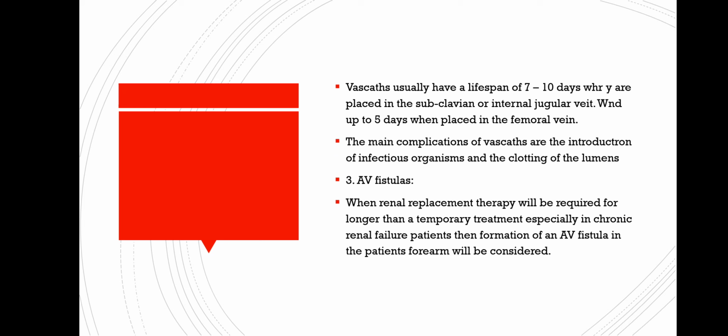The main complications are introduction of infectious organisms and clotting of the lumens. The last one is the AV fistula, arteriovenous fistula. When renal replacement therapy will be required for longer than temporary treatment, especially in chronic renal failure patients, formation of an AV fistula in the patient's forearm will be considered.